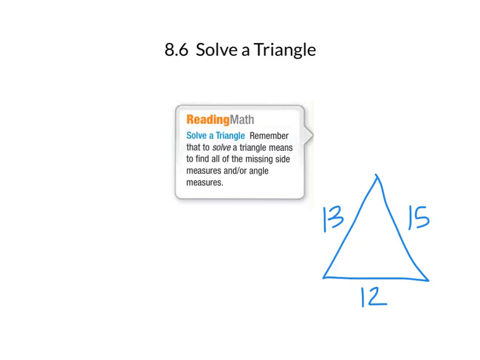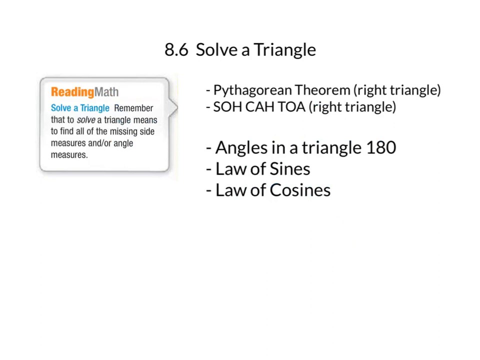In order to find that information, you can use a couple of different things. If you have a right triangle, you can use the Pythagorean theorem, or you can use the sine, cosine, and tangent ratios of SOHCAHTOA, but those are only for right triangles. The examples that we do today are not going to be right triangles, so we can't use those two things.